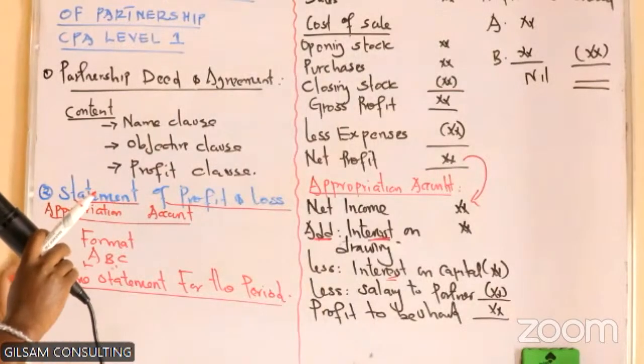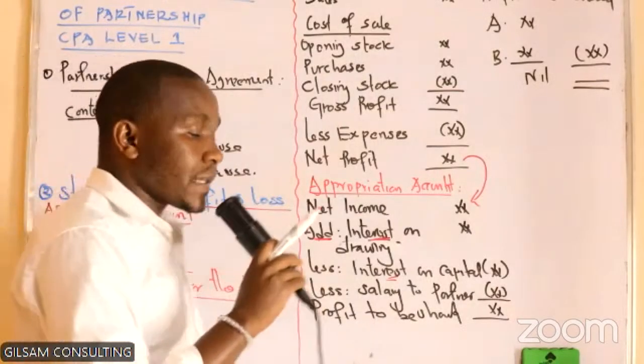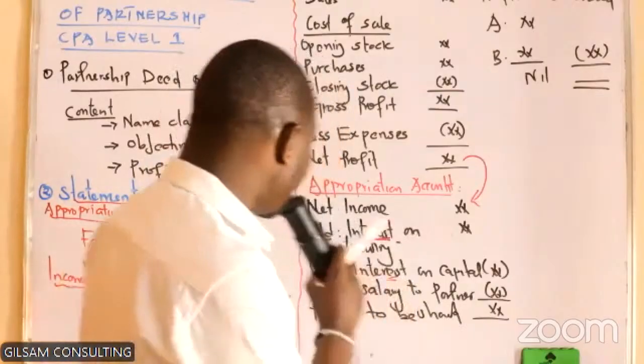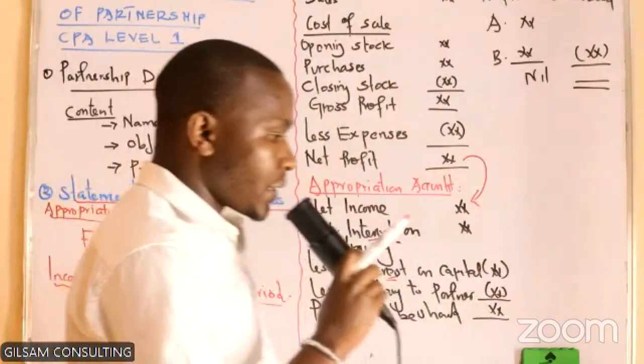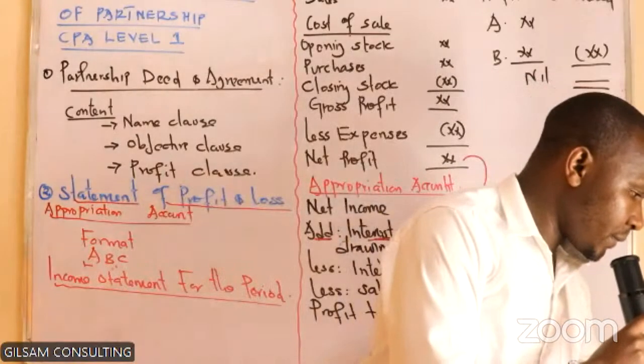So that's what you need to know at the introduction, the format of this. We will also see the format of a partner's current account, because the examiner also asks for the format of the partner's current account.